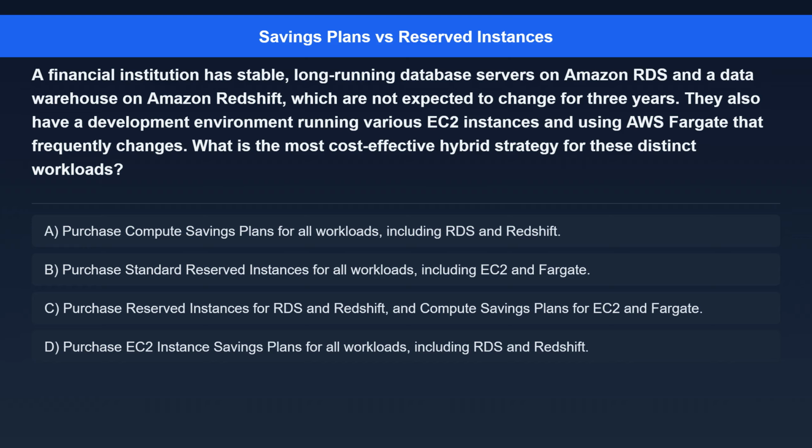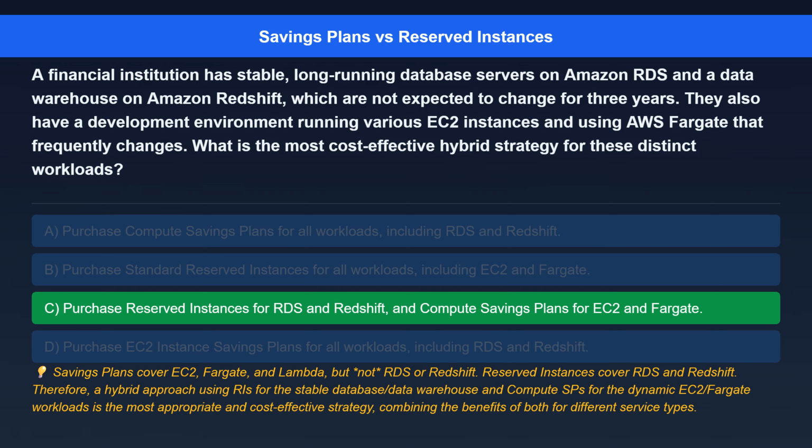Option A. Purchase compute savings plans for all workloads, including RDS and Redshift. Option B. Purchase standard reserved instances for all workloads, including EC2 and Fargate. Option C. Purchase reserved instances for RDS and Redshift and compute savings plans for EC2 and Fargate. Option D. Purchase EC2 instance savings plans for all workloads, including RDS and Redshift.